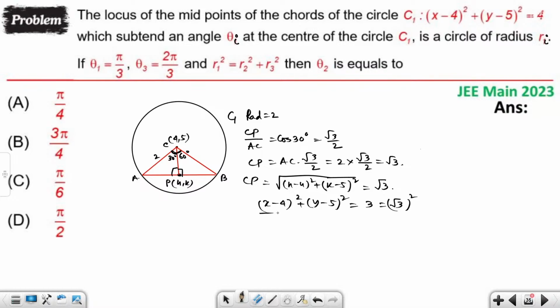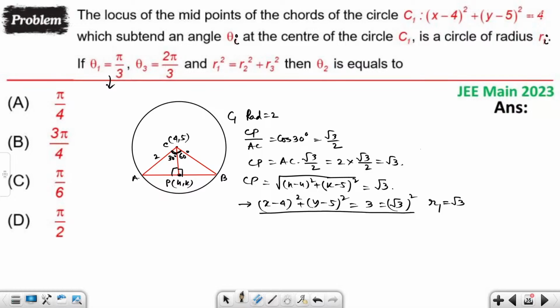So this is the locus of that point P. Now we can clearly see that it is a circle whose radius is root 3. That is, according to the given problem, R1 in this case, because we have considered the first case. In this case, your R1 comes to root 3. Am I correct or not?